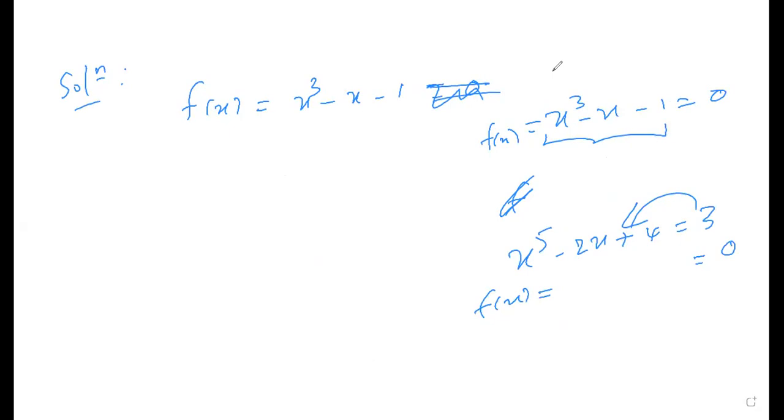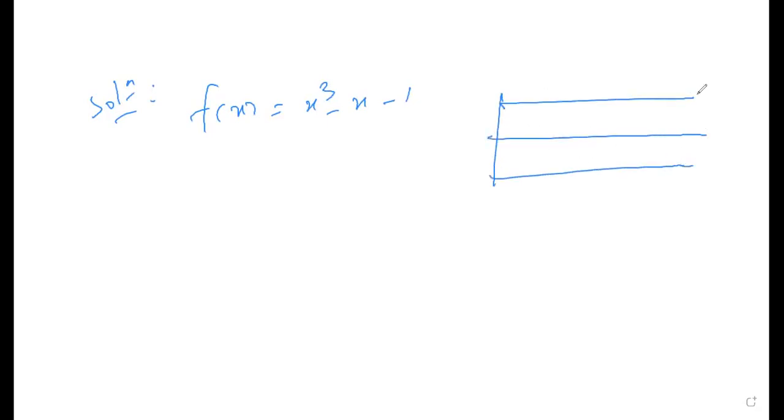Okay, erase this one. That becomes our solution. So our f of x is equal to x cubed minus x minus 1. Let's say we don't have the interval. So let's put a table; for all the methods you can make a table like this. It will make it easy. So my x, my f of x.